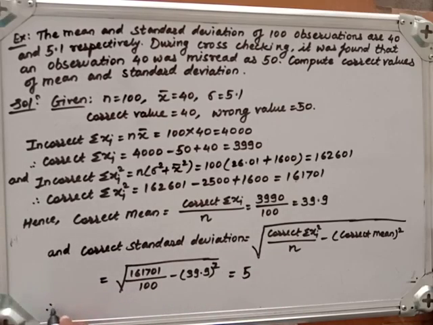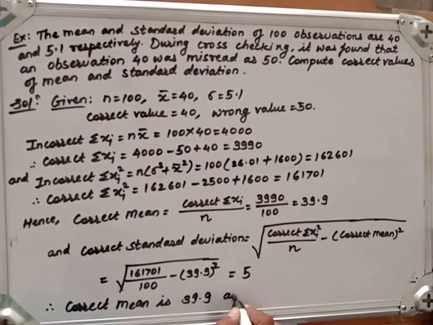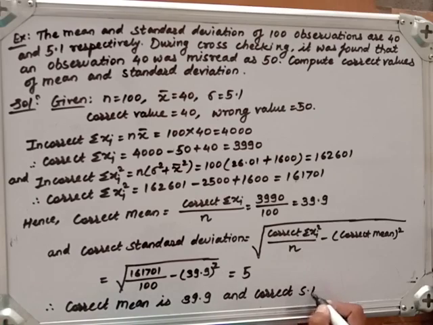So finally I must write the correct mean is 39.9 and the correct standard deviation is 5.